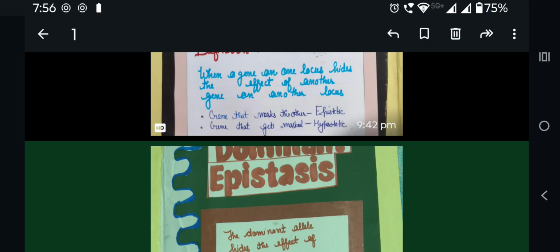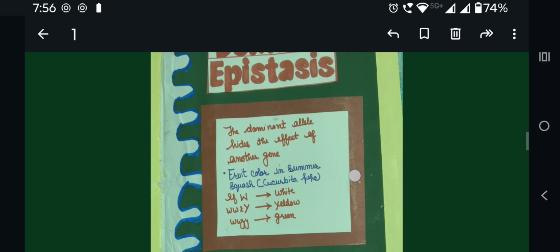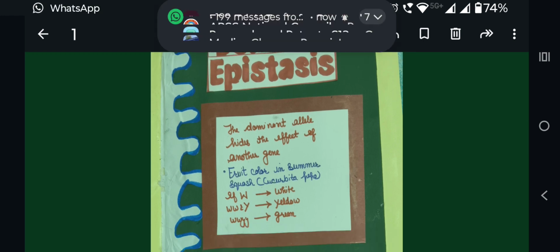The gene that masks the other gene is epistatic, and the gene that gets masked is known as hypostatic. So a gene at one locus hides the effect of another gene at another locus. It is of two kinds, dominant epistasis and recessive epistasis. In dominant epistasis, the dominant allele hides the effect of the other gene.